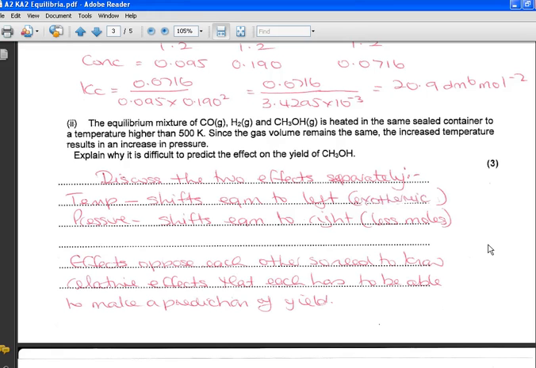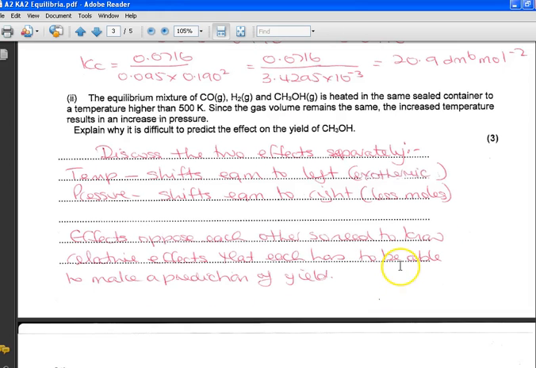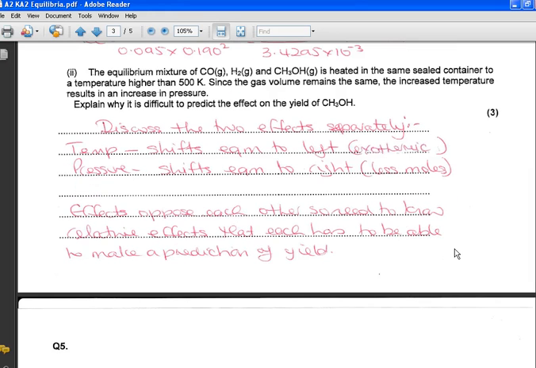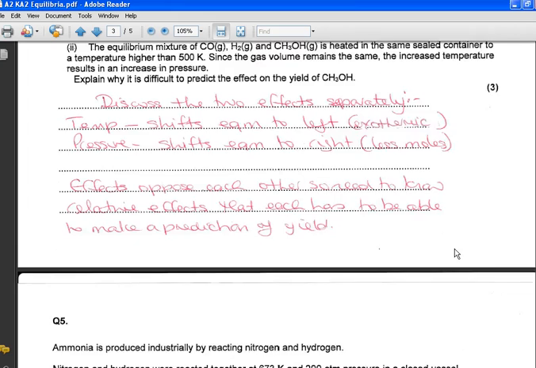One's shifting the equilibrium to the left, one's shifting the equilibrium to the right. So then you just need to make a comment to that effect that you can't actually tell, unless you've got some more information, how the yield would be affected. You'd actually need to know which one had the most effect.